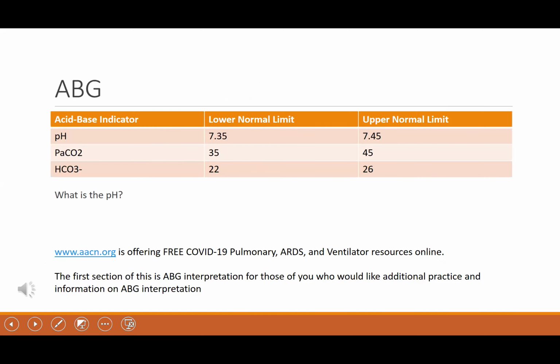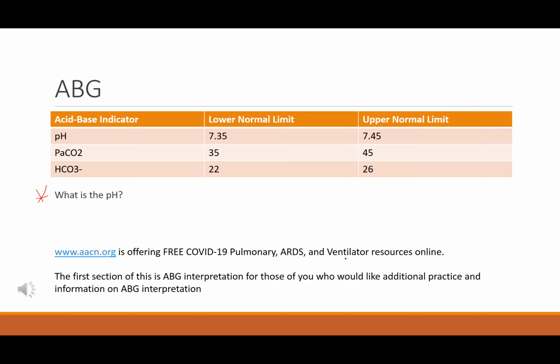Okay, so this is just a brief reminder. This is the chart that we use when we look at blood gases. And really the most important question that I tend to ask myself when I look at a blood gas is, what is the pH, okay? And you can see here below, AACN.org, the free COVID-19 pulmonary ARDS and ventilator resources.